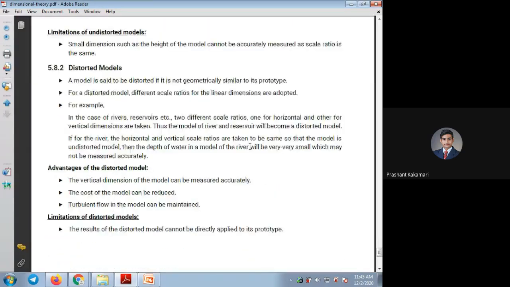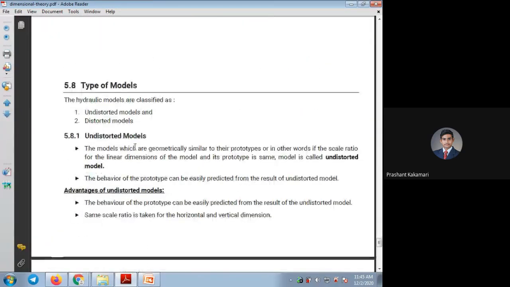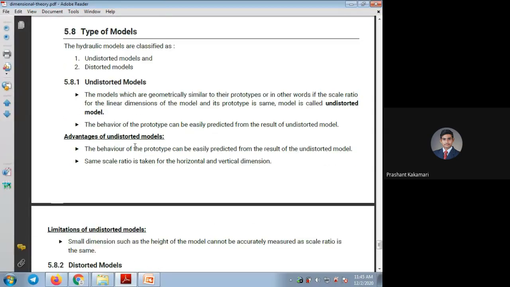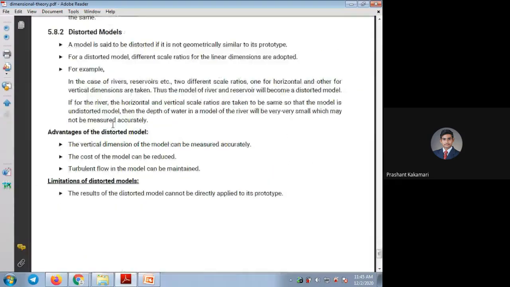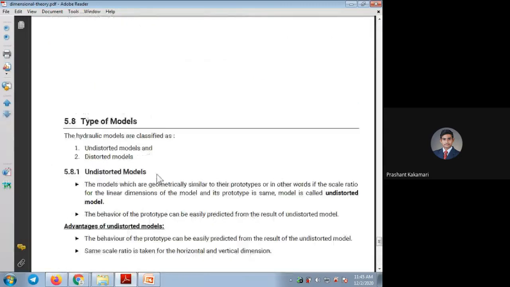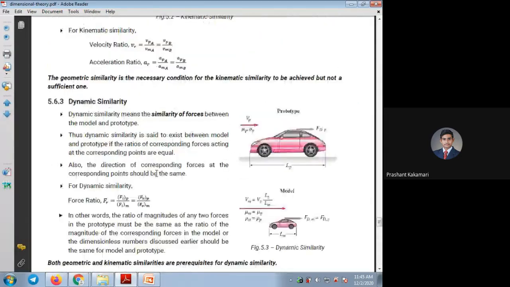Okay, so distorted and undistorted models are not in the syllabus, I feel. Or you can read these types of models at a later stage, taking it as a self-study part. So this completes our dimensional analysis chapter. Okay.